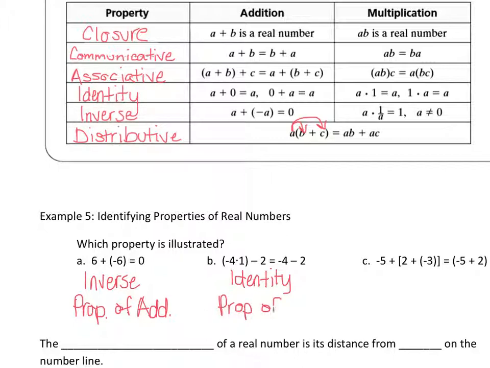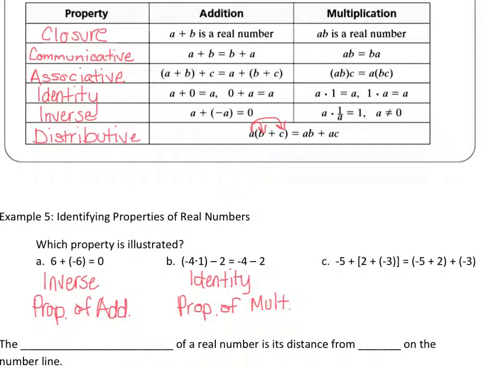For C, what's changing between the two sides? What's grouped together?